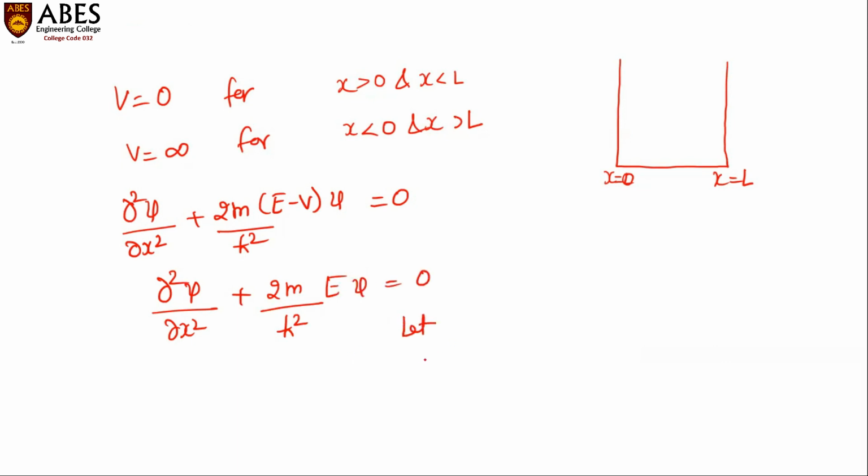Let 2mE by h cross square be equal to k square.